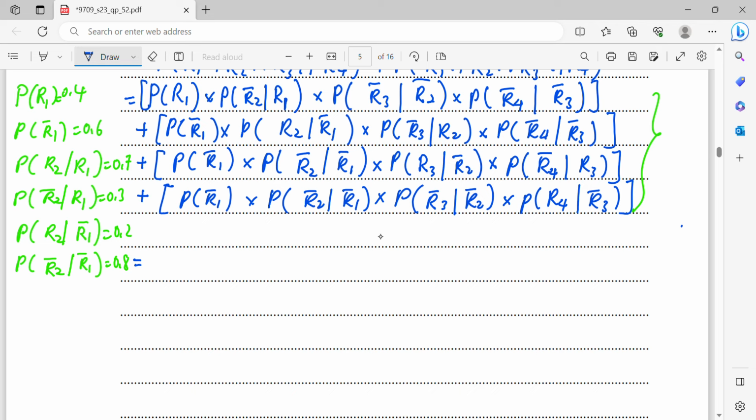So the first one is rain. First day rain 0.4. Multiply with, okay, look at here. Rain in first day, second day not rain, so 0.3.